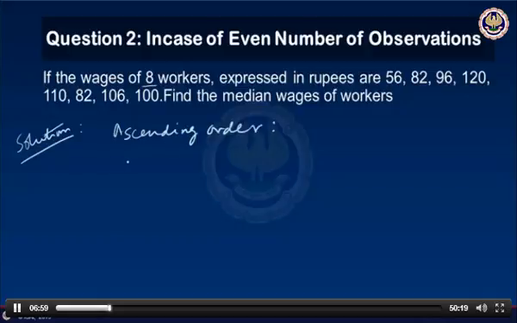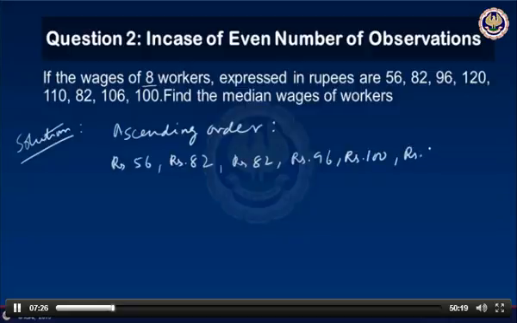Here, the data are rupees 56, rupees 82, rupees 82, rupees 96, rupees 100, rupees 106, rupees 110, and rupees 120.